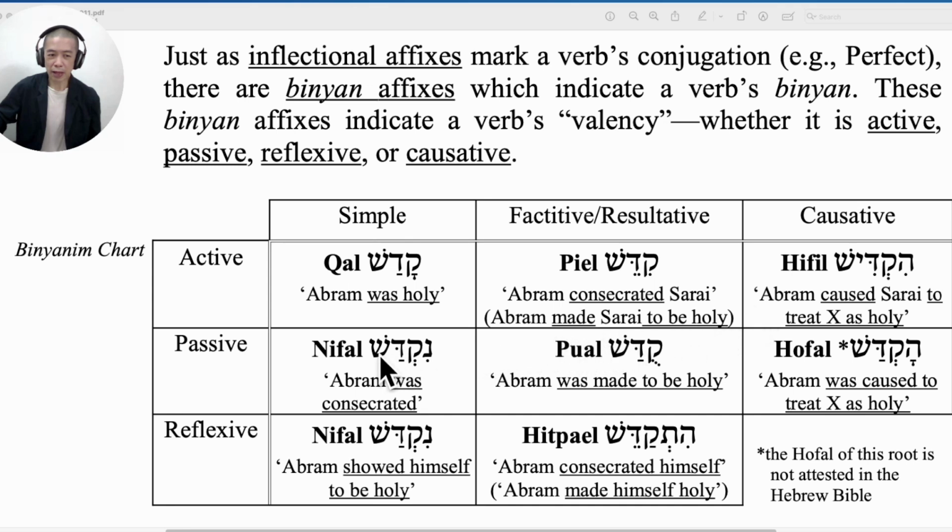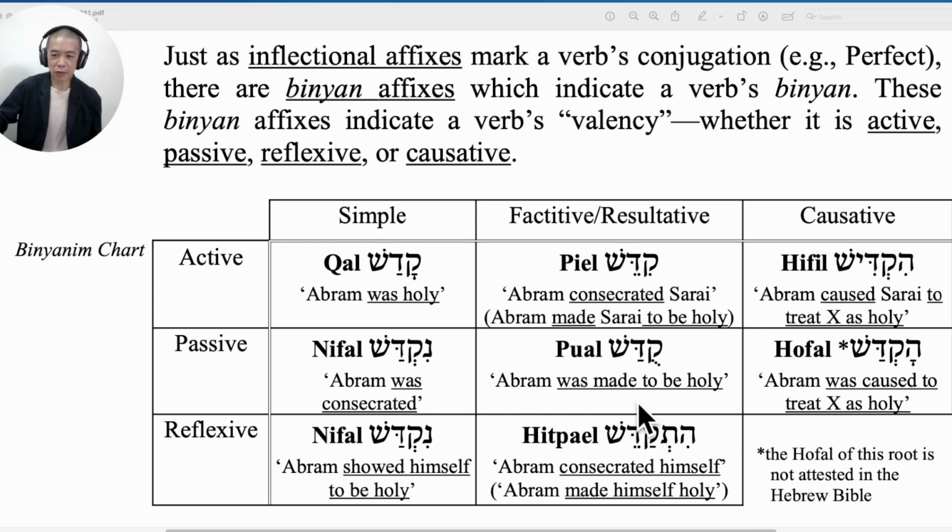So for passive form, it's indicated with the Nifal Binyan, meaning we can see a ni in front of the verb. So it could be like Abraham was consecrated. You will see Niqdash. For Pual, it means Abraham was made to be holy. If we see three dots, it's pronounced as U. So if we see Qudash, it means that somebody was made to be something.